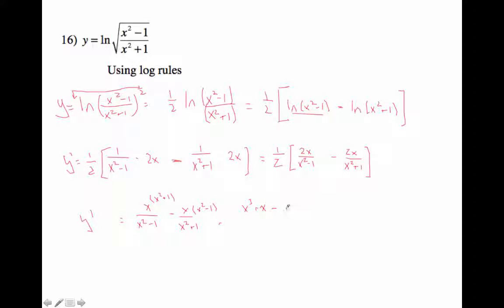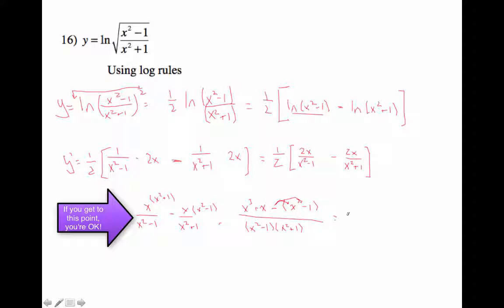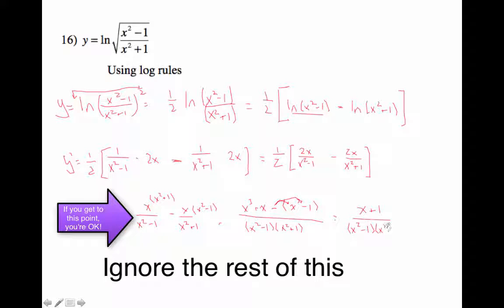minus the quantity x cubed minus x, all over x squared minus 1 times x squared plus 1. When we distribute that negative sign into the second set, the x cubes will cancel, and we end up with just 2x all over x squared minus 1, x squared plus 1.